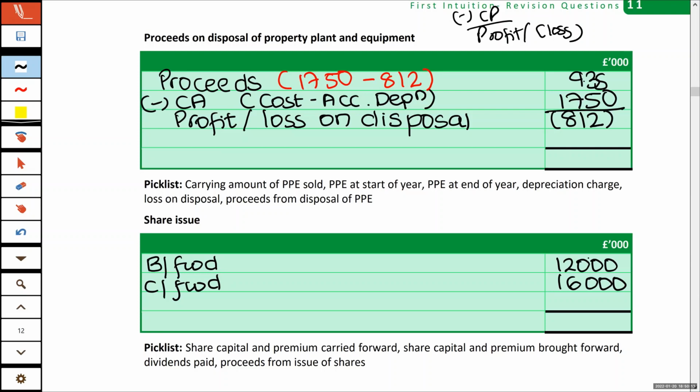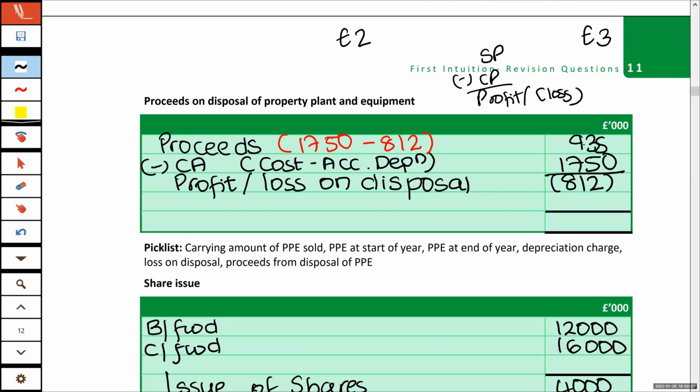That increase of 4 is probably an issue of shares. You must have just issued some more shares. That's why it's increased. There's nothing else that can be a possible reason for the 4,000 increase in the number of shares.